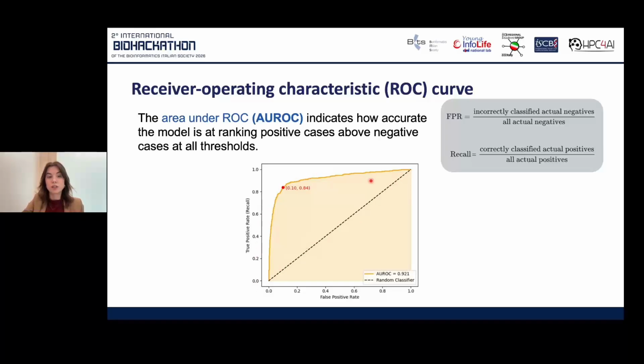So the closer this curve goes to the diagonal line, the worse, because it's like it's not predicting anything, while the better the model is, the closer it will go towards the top left corner. This red point here, for example, tells me that at a certain threshold, the model correctly classifies 84% of the true positives and misclassifies 10% of actual negatives as positives.